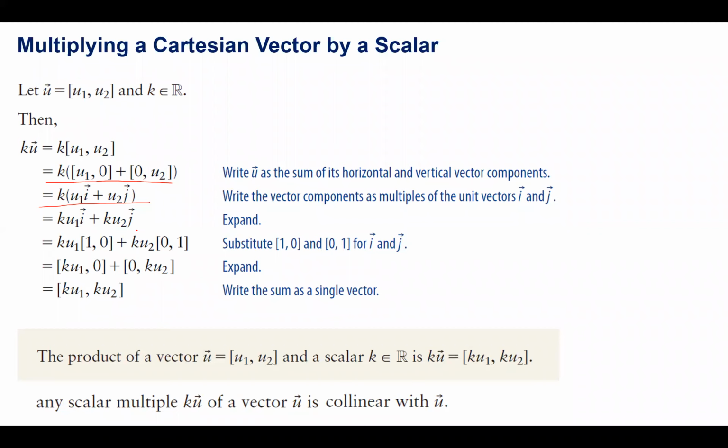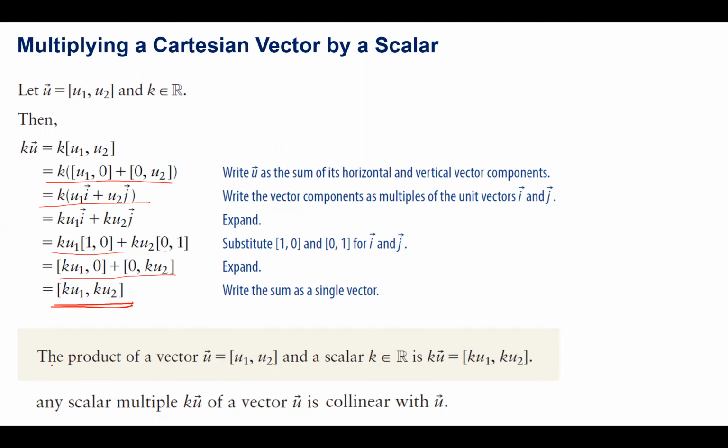Then we can substitute 1, 0 and 0, 1 for vectors i and j. Then expand. So that gives us the final result: the two components of the resultant vector are ku1 and ku2.